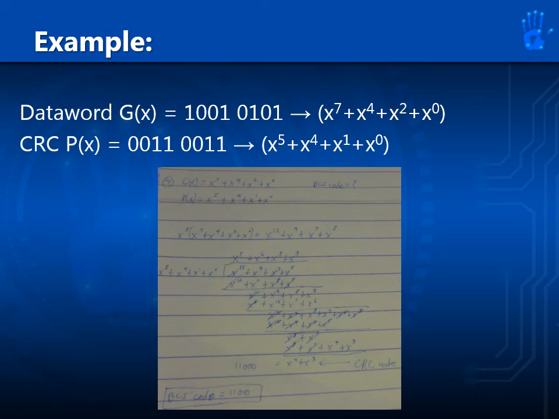What we want to do is translate these bits into their polynomial equivalent. So the rightmost bit is x sub 0, then x sub 1, and to the left of it x sub 2, and to the left is x sub 3, and so on, up until x raised to 7.